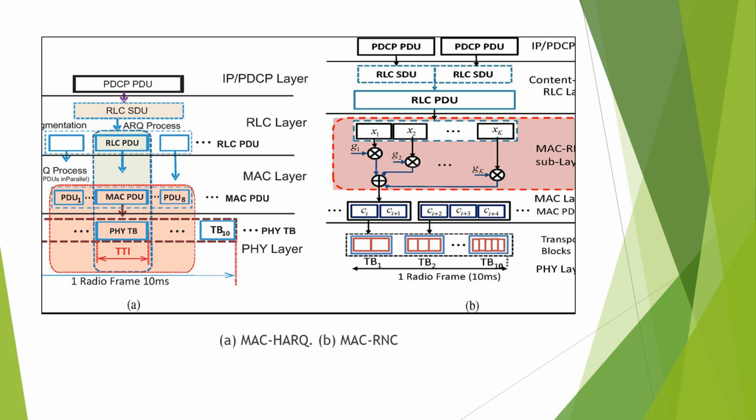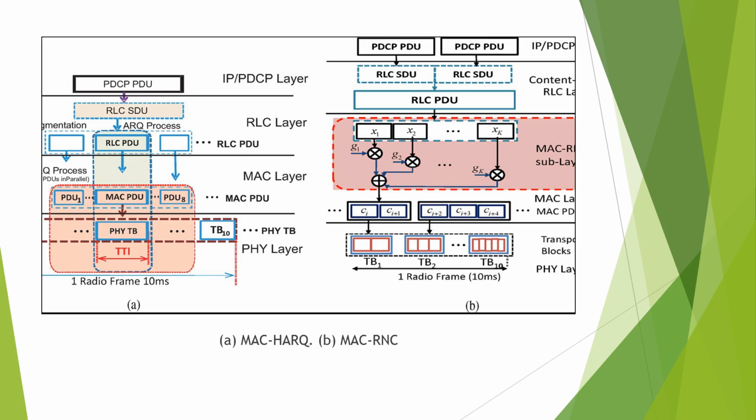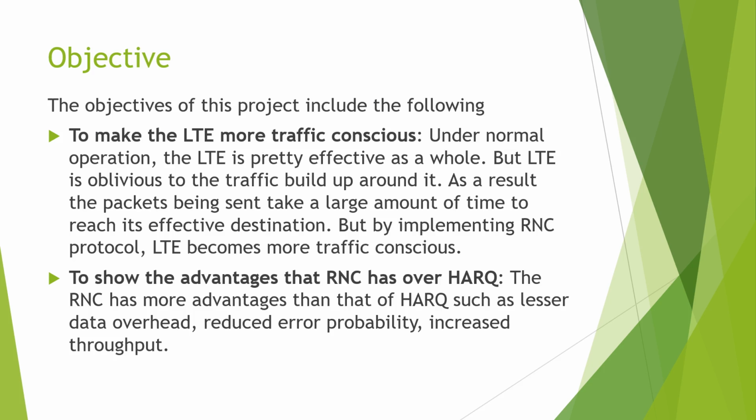This figure shows the lifetime of a packet in the MAC HARQ protocol and the MAC RNC protocol. The difference occurs in the MAC RNC sublayer, which provides features such as content awareness, resource allocation, and unequal protection for the packets being transmitted.